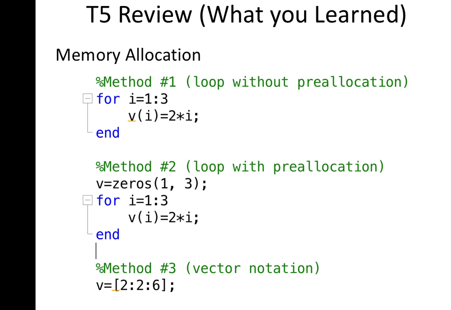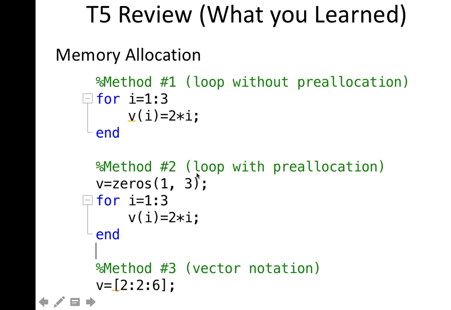We also talked a lot about memory allocation, which we mentioned previously, but we went into further depth, and I showed you these 3 methods. One is just writing each element of an array V. The elements are 2, 4, 6. This one fills in each element one at a time with no placeholder for those elements to go, where method 2 starts off a V array and fills it with some dummy number, so zeros is a convenient way to do it, and then fills in each of the 3 numbers one by one.